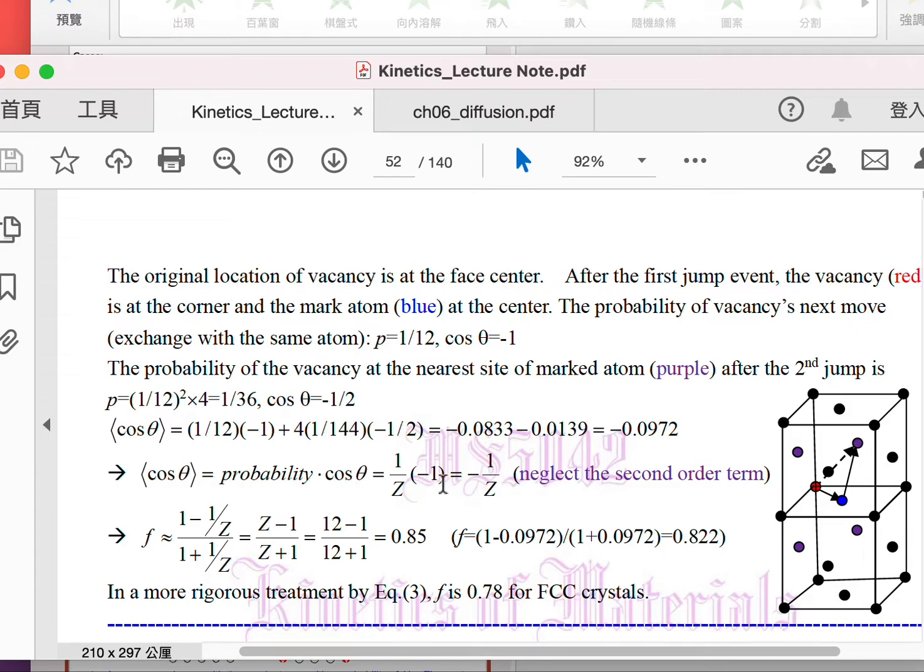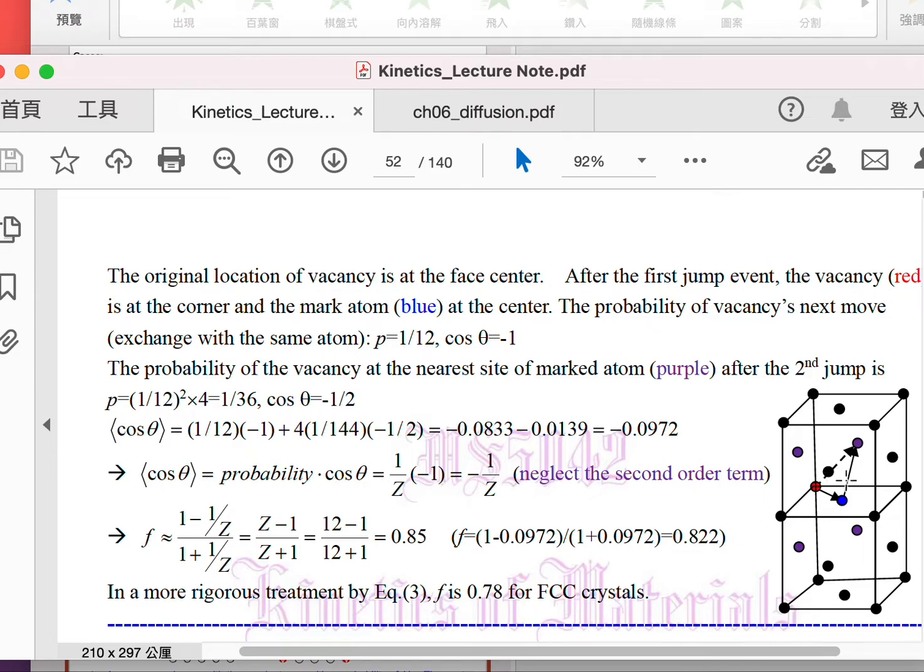For example, the vacancy is in red, and blue is our atom, right? So the atom can jump into the vacancy, and this probability is 1 over Z. And successive jumps means we jump here and then backward, back to our original site.